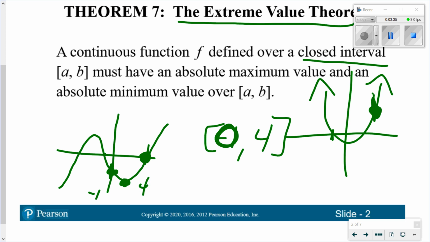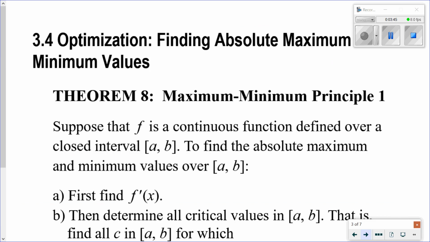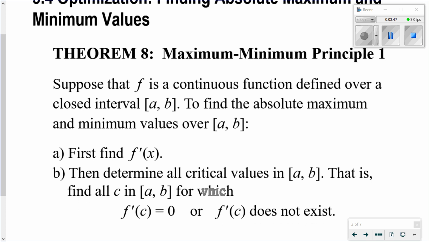So one of them is at the critical values. The other one, and it happened both here and here, was at one of the endpoints. Okay, so those are the places that we're going to have to worry about. Endpoints and critical values are going to be the only places where we're going to have maxes or mins over this closed interval.